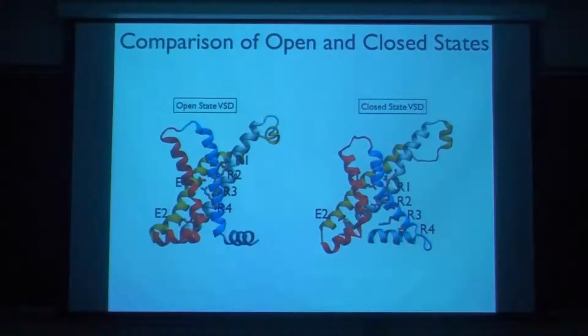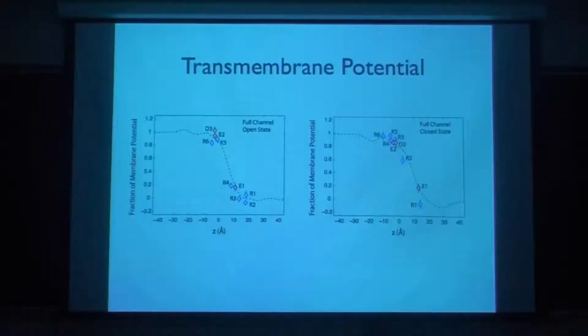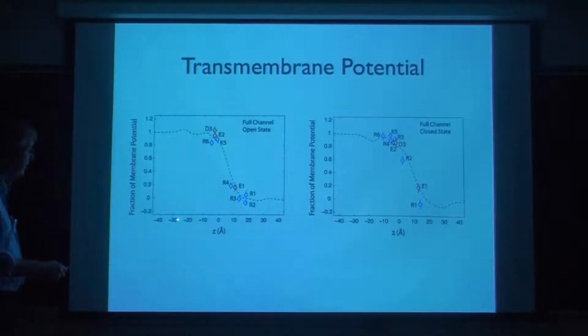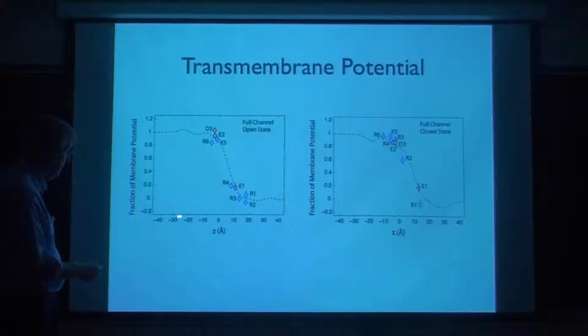And if you now look how these charges are distributed across the membrane, then here we have the z-axis along the membrane. The membrane goes from -20 to +20. And you see that the voltage drops in the channel not linearly, like from -20 to +20, but it drops very suddenly in the middle.